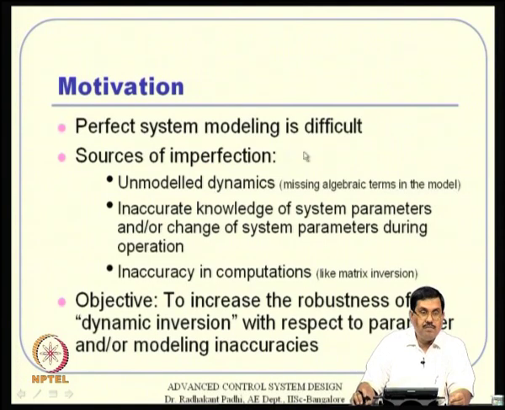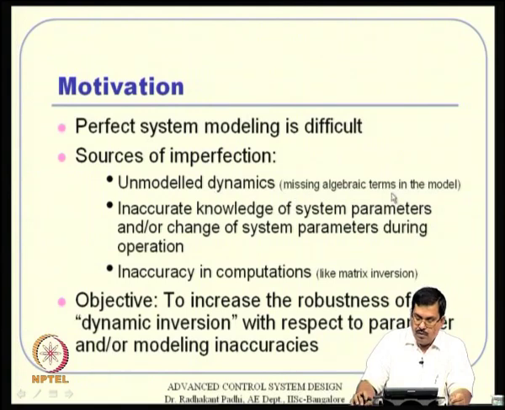The motivation for Neuro-Adaptive design is that perfect system modeling is difficult, we know that. First of all, let us look at the sources of imperfections. The first is unmodeled dynamics, meaning part of the system dynamics you may not be able to model, or you intentionally do not want to model, to have a simplified model.